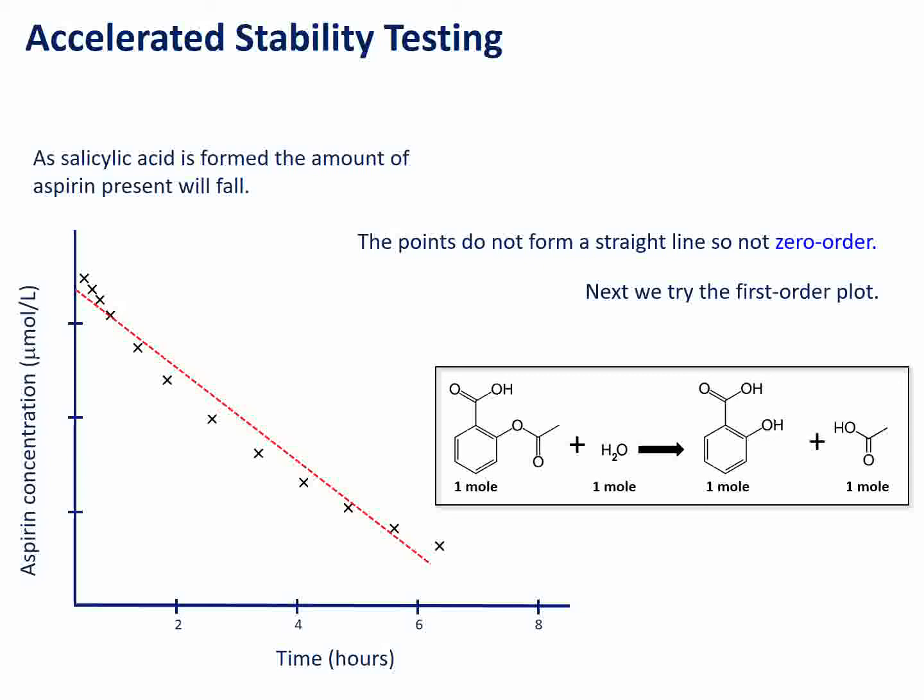If we had a straight line, then it would say that the order of this reaction is 0 order. But clearly we haven't got a straight line, so that means this is not a 0 order reaction. So the next step that we try is something called a first order plot.